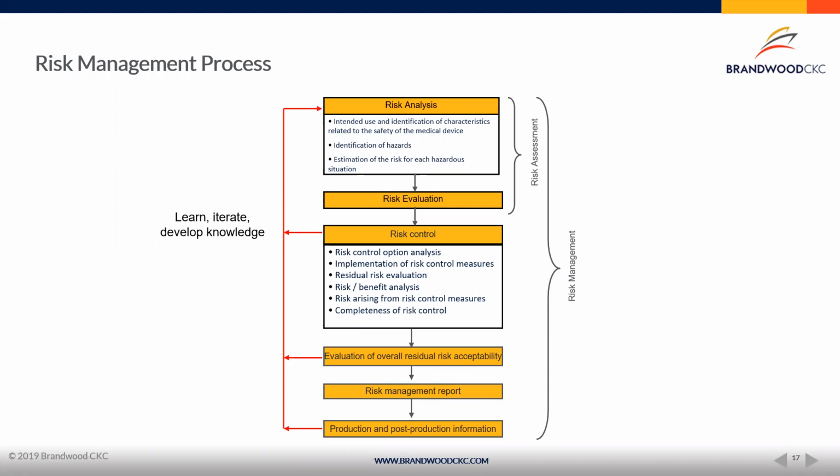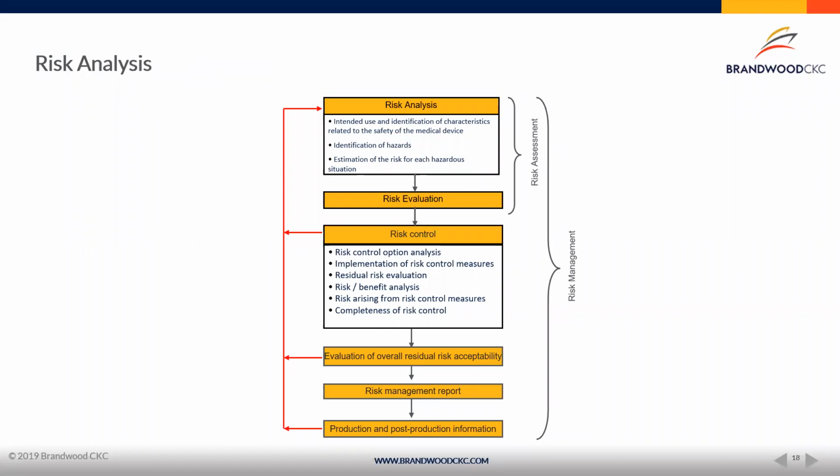So it is a big loop, and we want to make sure that that's well known to medical device manufacturers, because again, it's an iterative process. As you identify new things, either in your development and design process or at the post-market phase, you want to be able to bring that back into your risk management process.